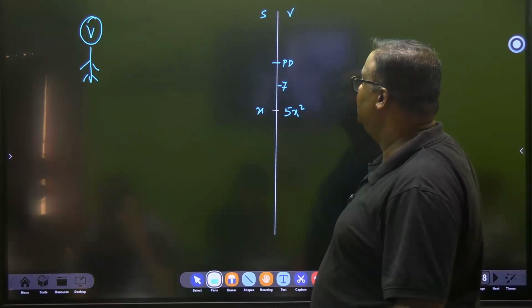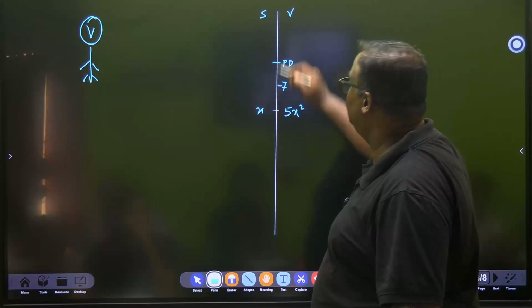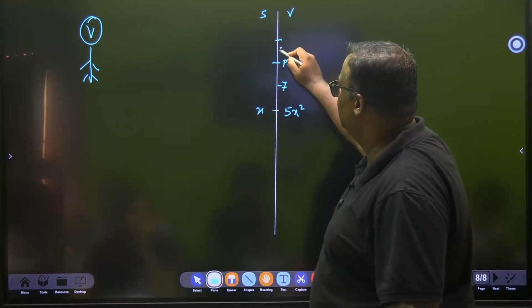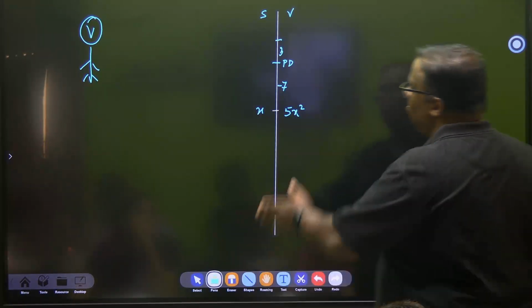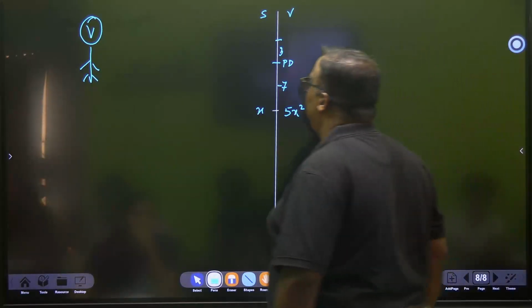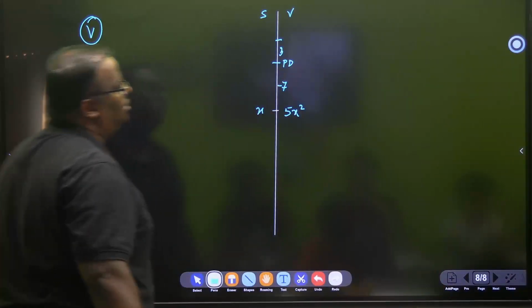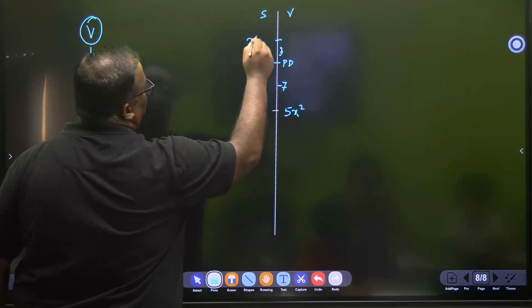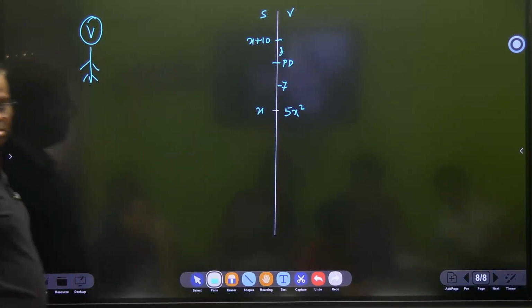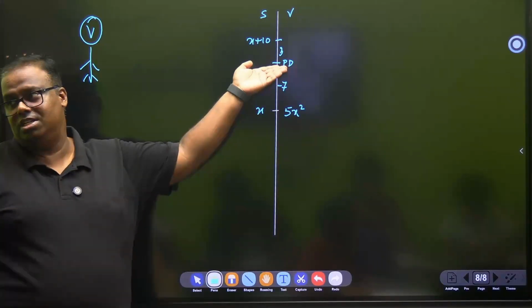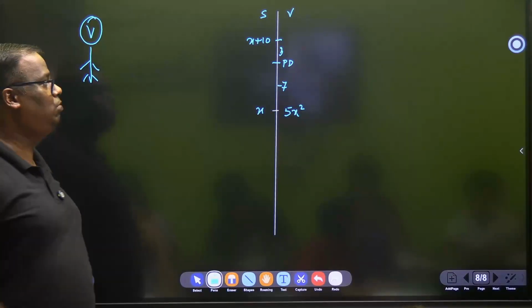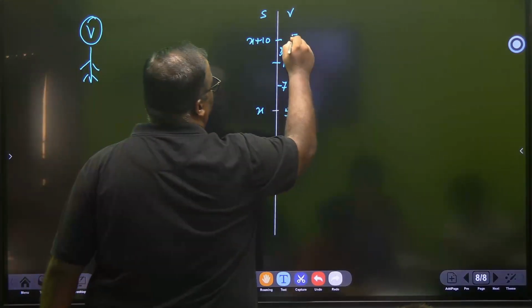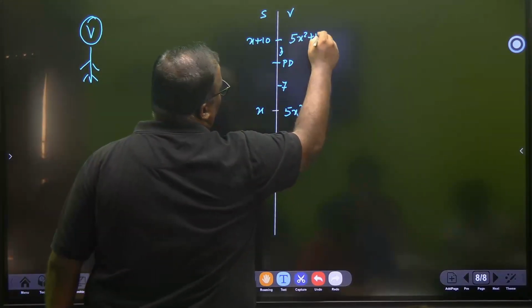Clear? 3 years from now. Where is that 3 years from now? Here. Just see what should be their age 3 years from now. What should be Swati's age 3 years from now? X plus 10. 7 years will bring her to present time, and 3 years is this. What should be Varun's age? 5x square plus 10. This is your understanding.